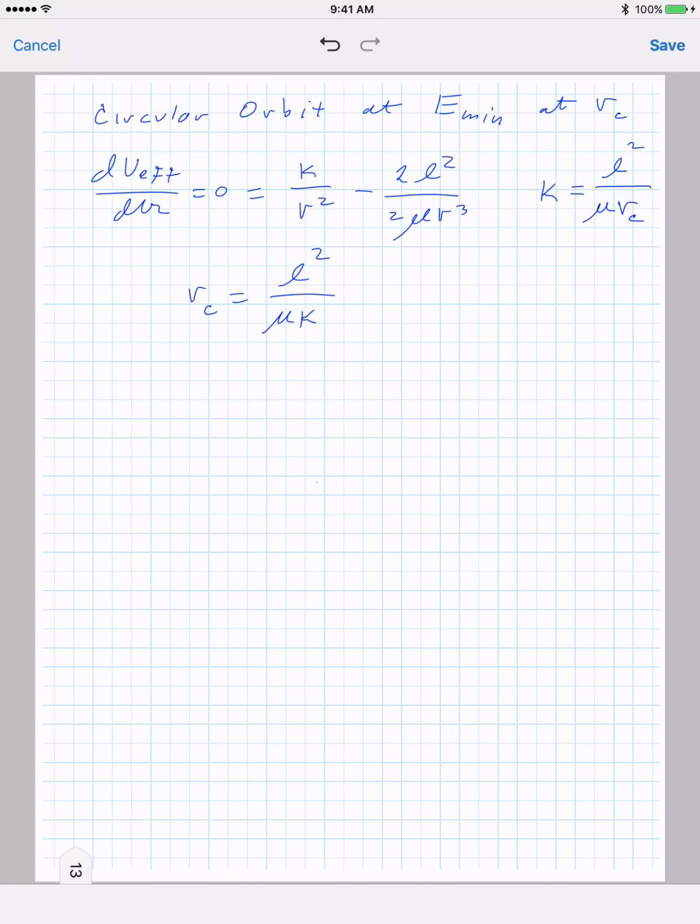All right, so let's go ahead and plug in directly some things that we know. So we know that k is equal to the gravitational constant times mass 1 times mass 2. Okay, that's the expression for the circular orbit, right? So we're just plugging that k back in, and we actually have the expression for the circular orbit.